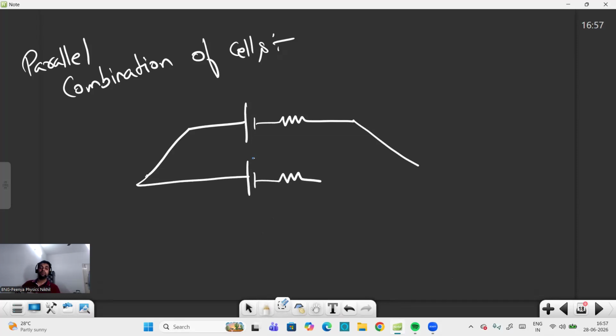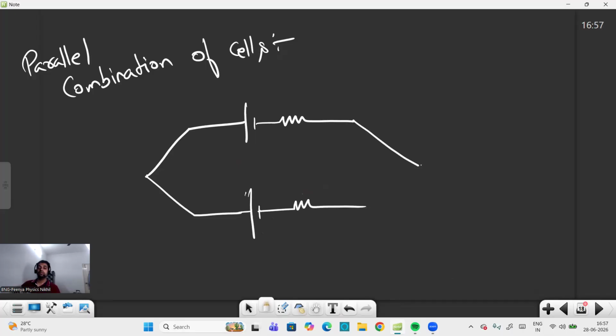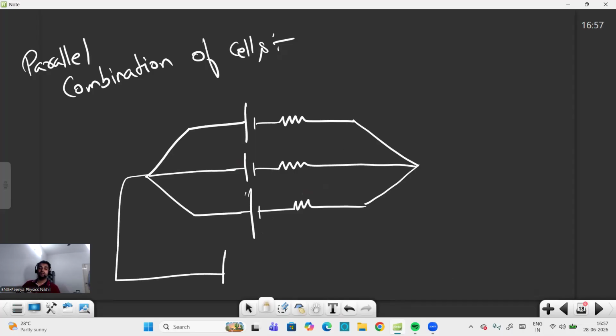Correct? So here we will understand by taking two cells only, or three cells we will take, no problem. Okay. So here, external resistances are connected.